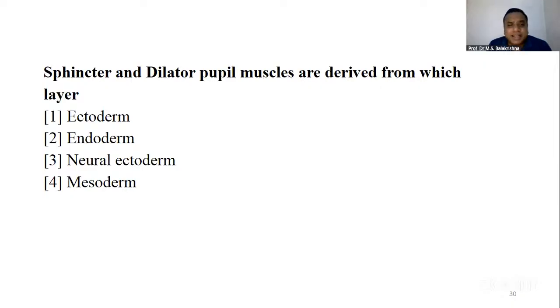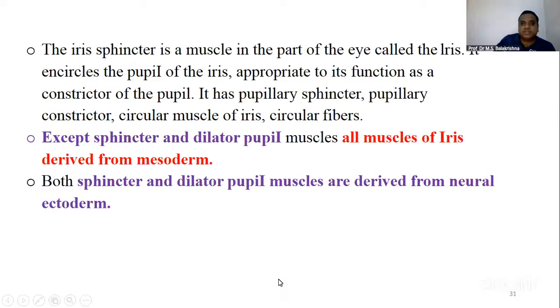Sphincter and dilator pupillae muscles are derived from which layer? Basically an embryology question. This is neural ectoderm. The sphincter is a part of the iris, which has the pupillary sphincter, the constrictor, circular muscles and circular fibers. Except the sphincter and dilator pupillae, all the muscles of the iris are derived from mesoderm.